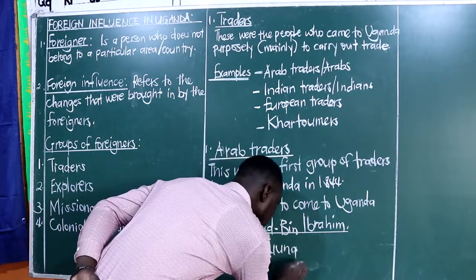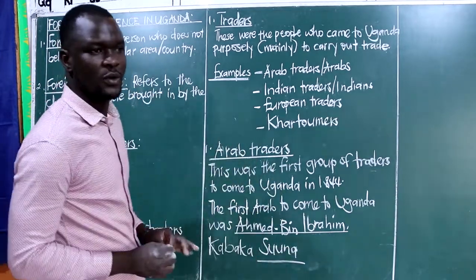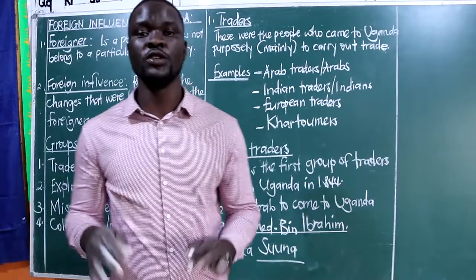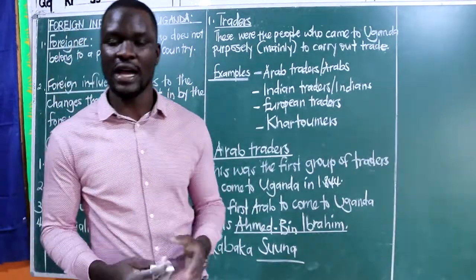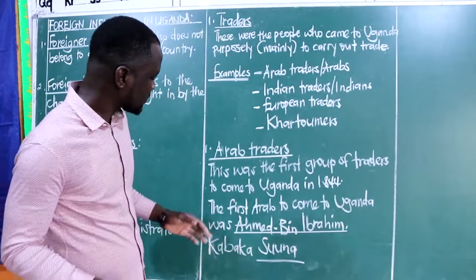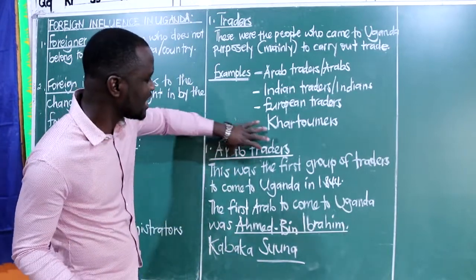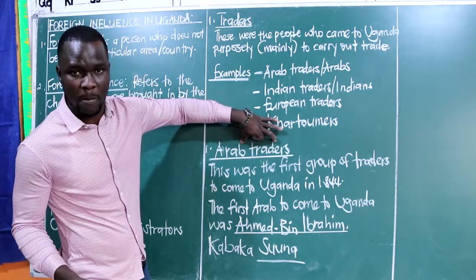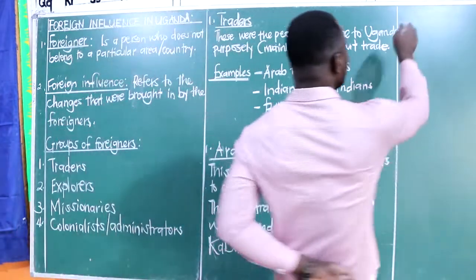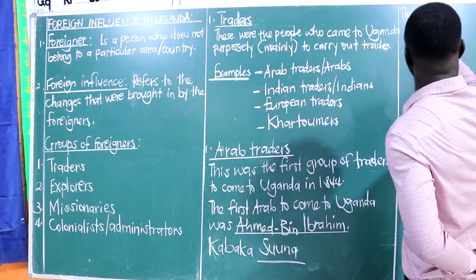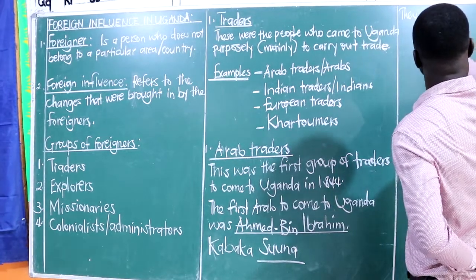So we need also to note that the Kabaka of Uganda by that time was not the Kabaka that we have in Uganda today. Now, we need to note, where did these Arabs come from? These Arabs came from Saudi Arabia.